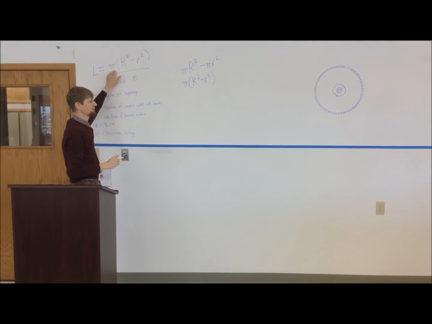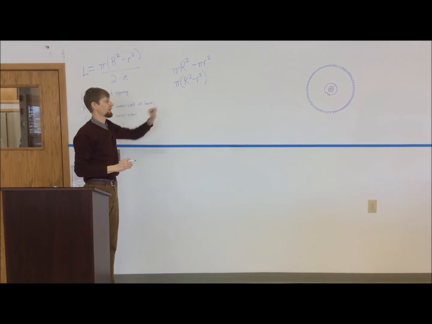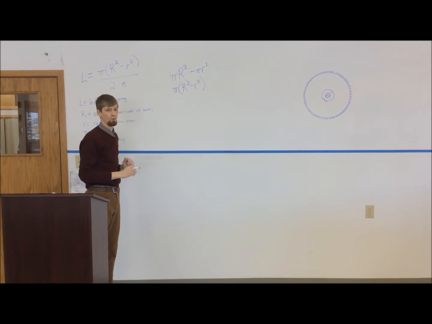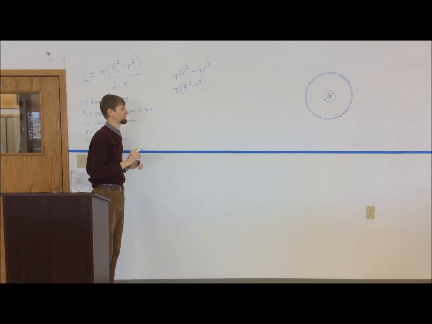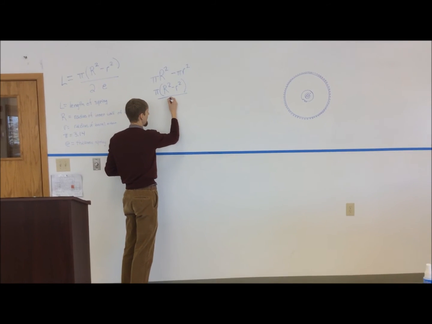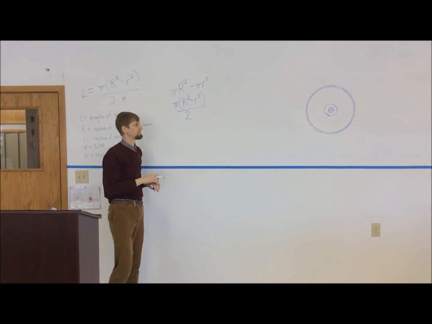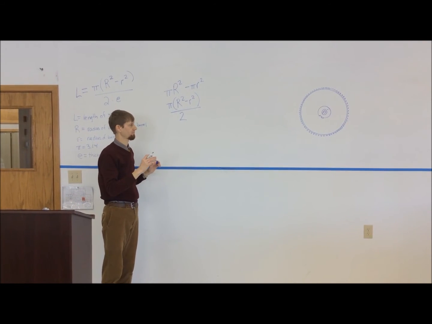The top portion of the formula just tells us how much area is inside the barrel not occupied by the arbor. We want our mainspring to occupy half that much space. And in order to do that, we're going to divide by 2. So now we know how much is half of the area inside.